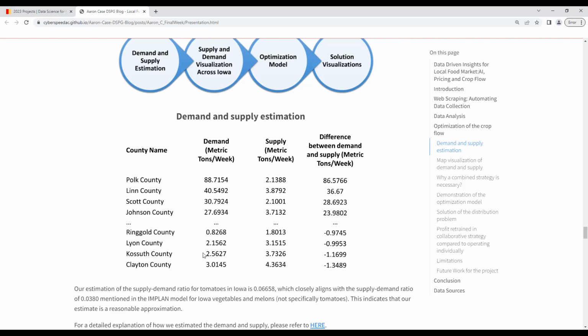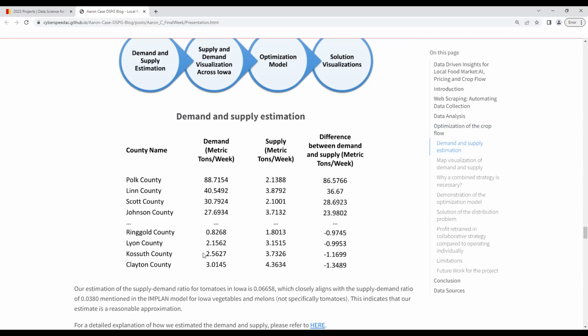Following our approach, we were able to get the demand and supply as shown on the screen. In our approach, the supply and demand ratio for tomatoes was 0.06658. There is another model that is available commercially, the In-Plant model.